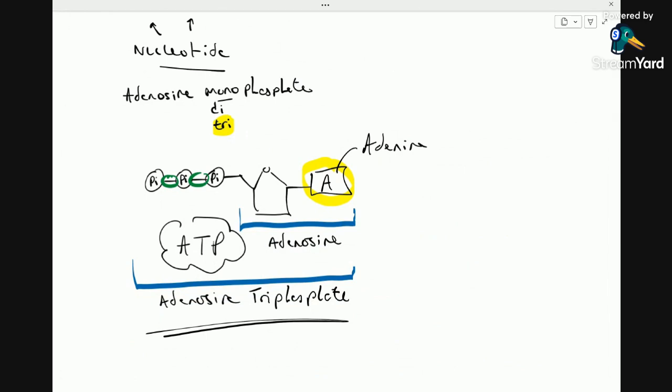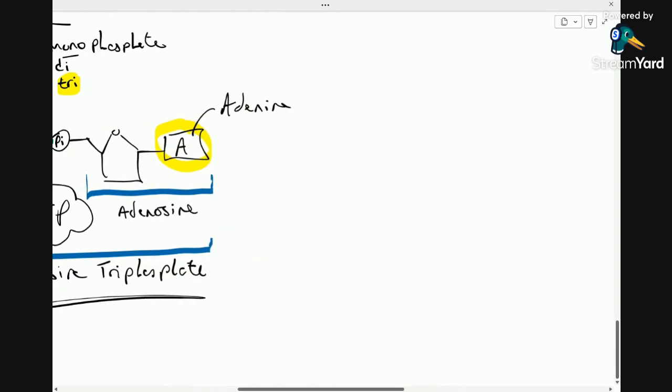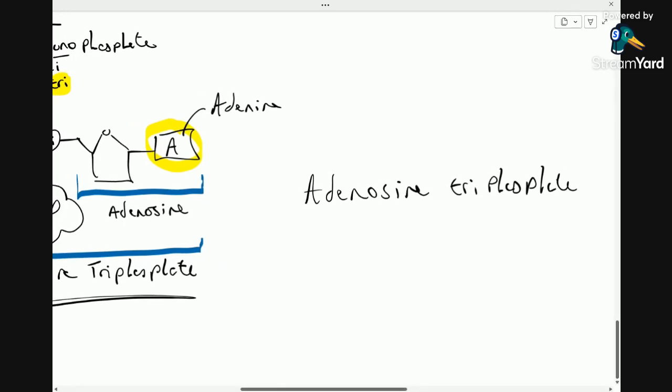Again, just to be absolutely clear, because I just call it adenosine triphosphate, this is the ribonucleoside technically, because it's not deoxyribose, the sugar is ribose. If it was deoxyribose, I would call it deoxy triphosphate. But I don't do that.